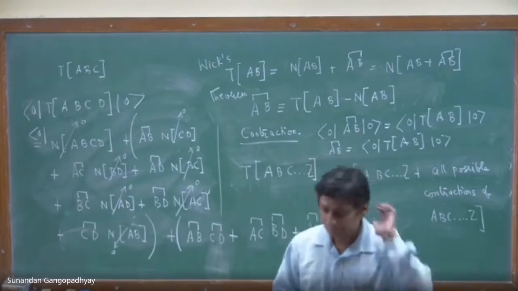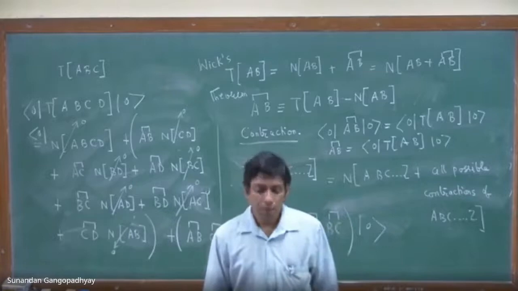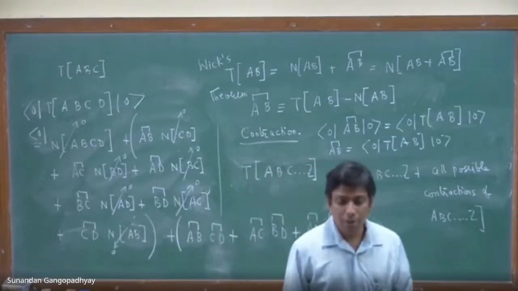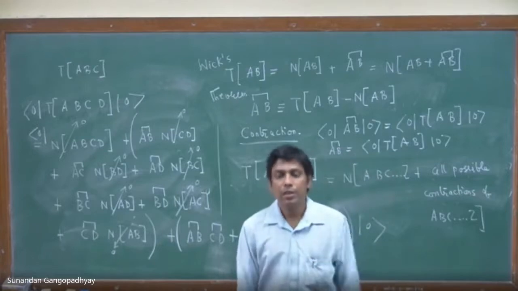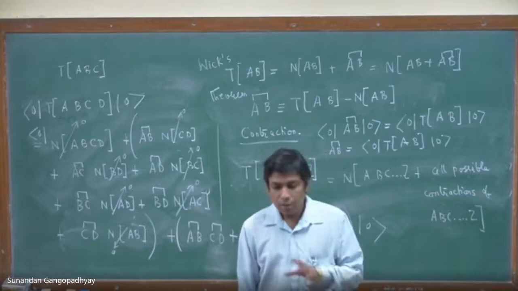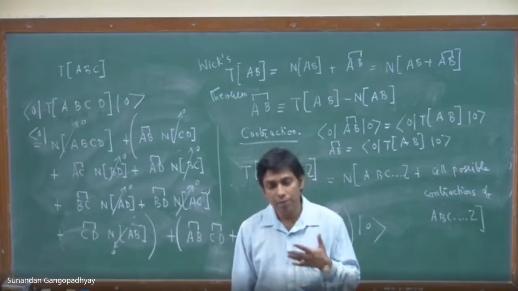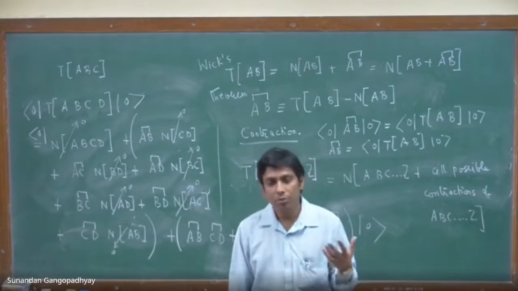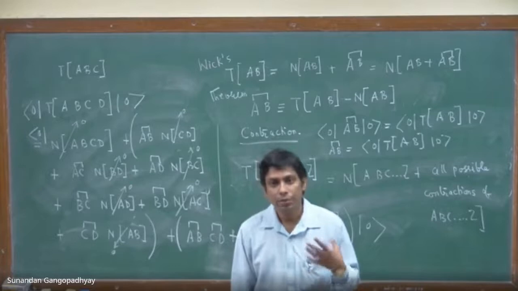Now, given a field configuration at time t equal to 0, at some position x vector, this field can evolve by the full Hamiltonian H, and you will get phi(t, x). You can also define a new field operator which evolves via the free Hamiltonian H naught. That field we call the field to be in the interaction picture or the Dirac picture.